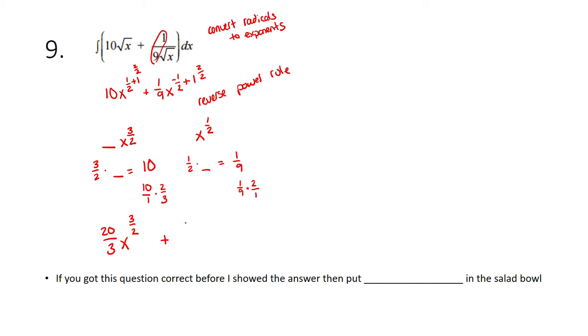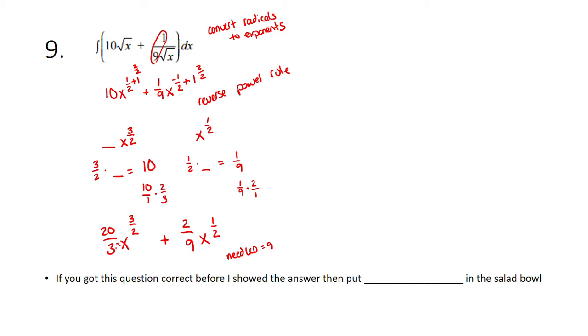So that's plus 2/9 x to the 1/2 power. Okay, this is right. However, you're going to see these fractions combined and written as one fraction together, which means you need your LCD, which is 9.